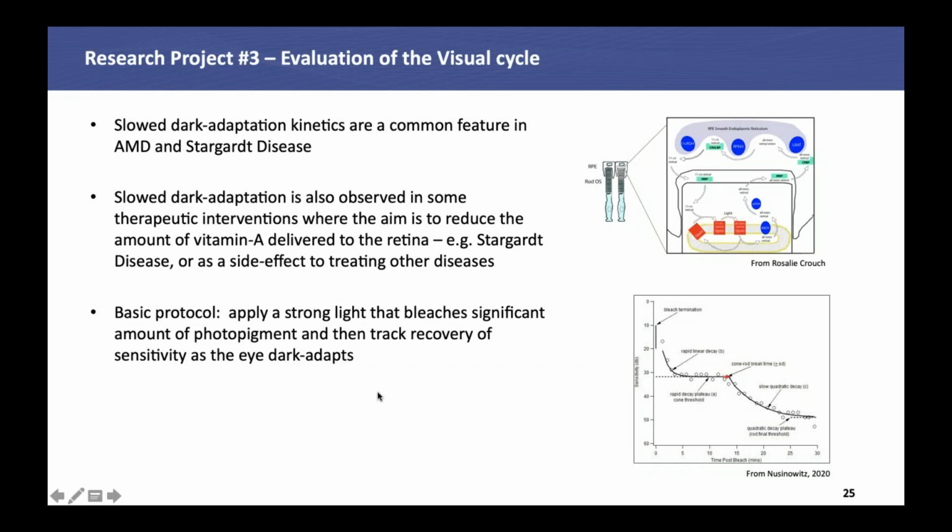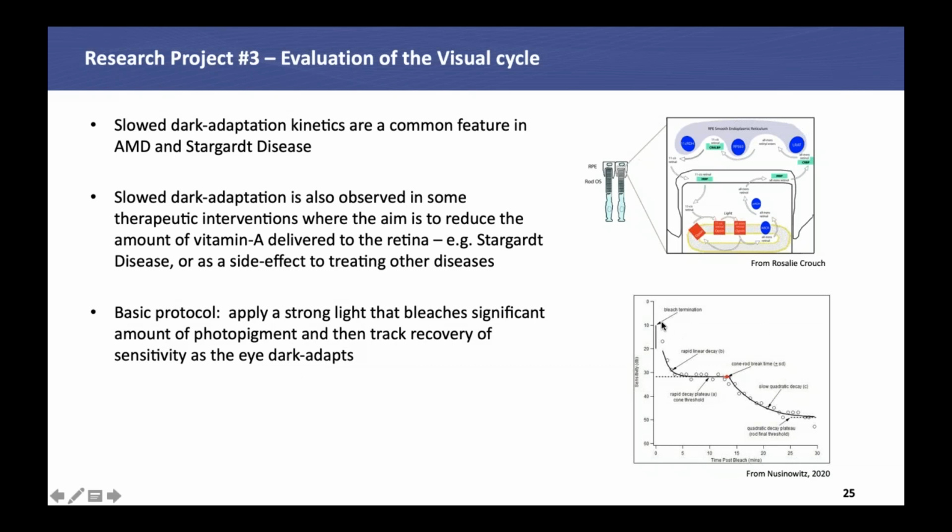So the basic protocol for these studies is to present a bleaching light, and the Solaris does have some protocols already in place for this. We've modified it a little bit, but basically you bleach the photopigment from the retina, and then you use the ERG as a probe to track recovery of sensitivity as the eye dark adapts.